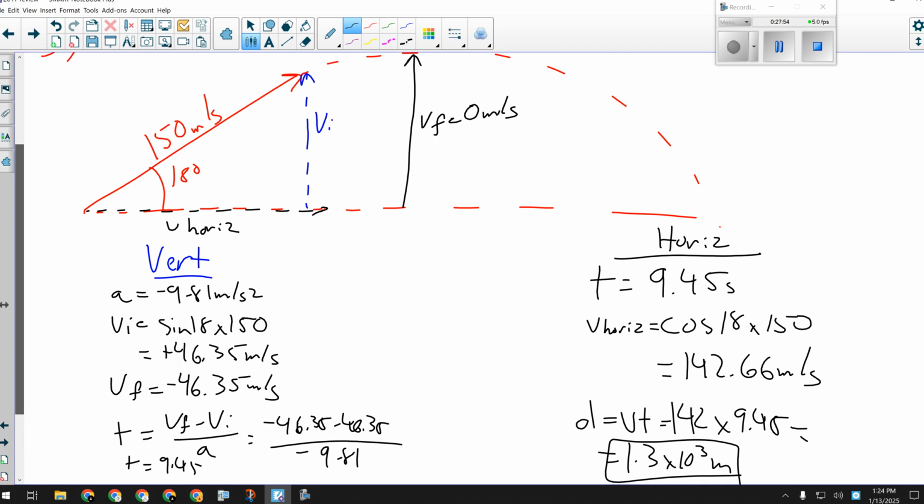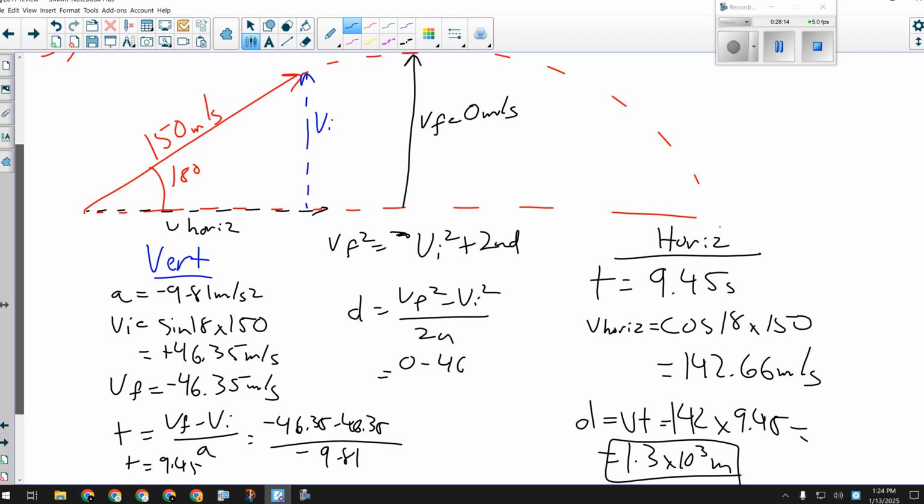Okay, you can do this. VF squared equals VI squared plus 2AD and solve for D. So VF squared minus VI squared over 2A. So that'll be 0 minus 46.35 squared divided by 2 times negative 9.81.